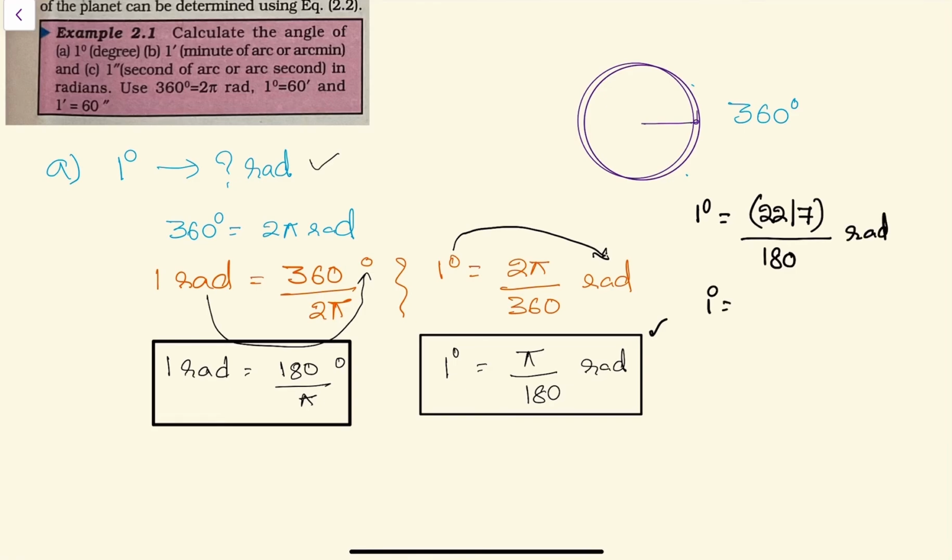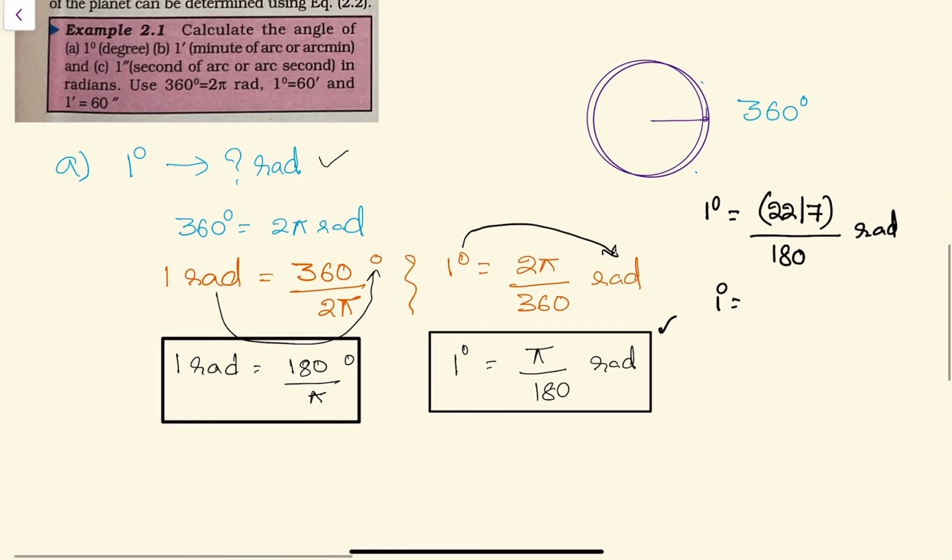If you solve that and use a calculator, then you will get 1.745 into 10 power minus 2 radian. So this is the simple answer.